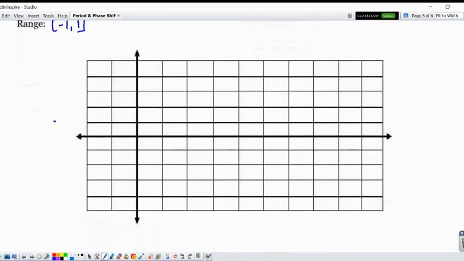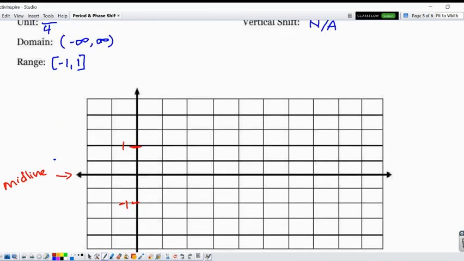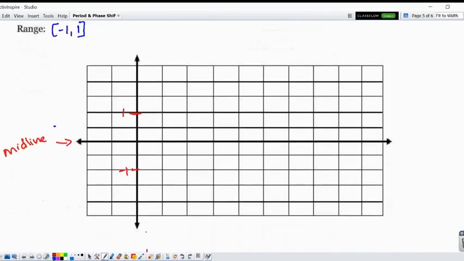So when we put all of these together, still going to start with midline and the amplitude of 1 and negative 1. And according to our calculations, when we mark the x-axis, our unit should be pi over 4. So pi over 4, pi over 2, 3 pi over 4, and pi.